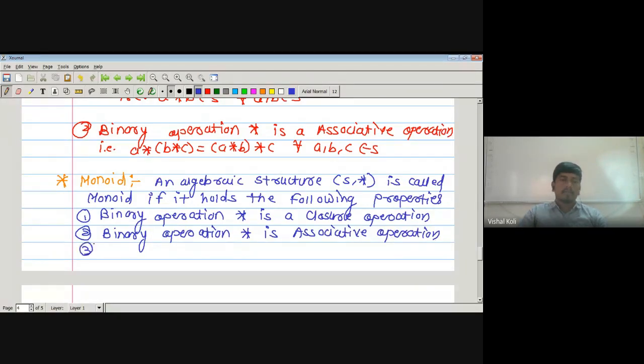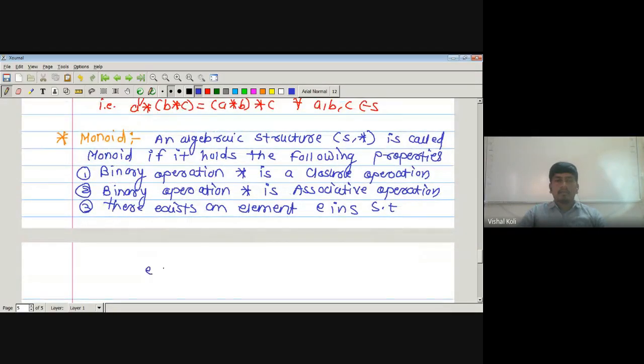And the last one is, there exists an element E in S such that E star A equals A star E equals A for all A belonging to set S. So any algebraic structure (S, *) is called a monoid if it holds these three properties: the closure property, the associative property, and the existence of an identity element.